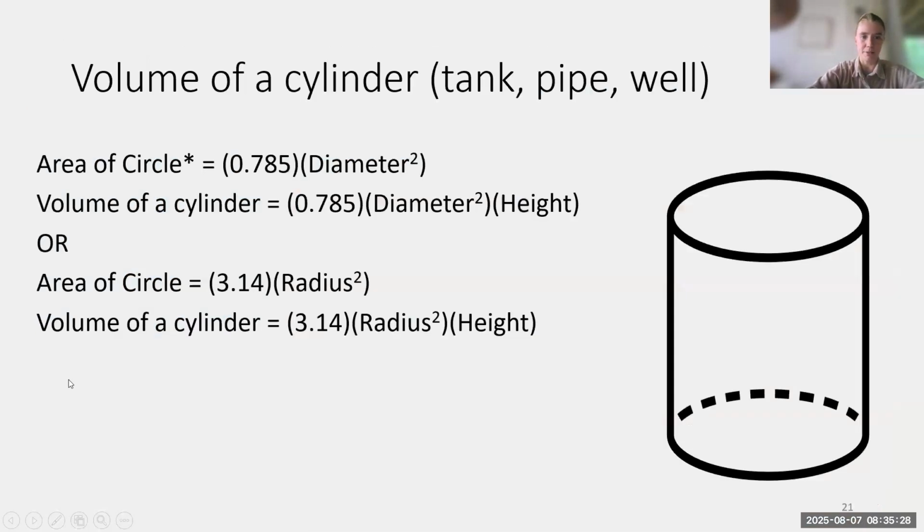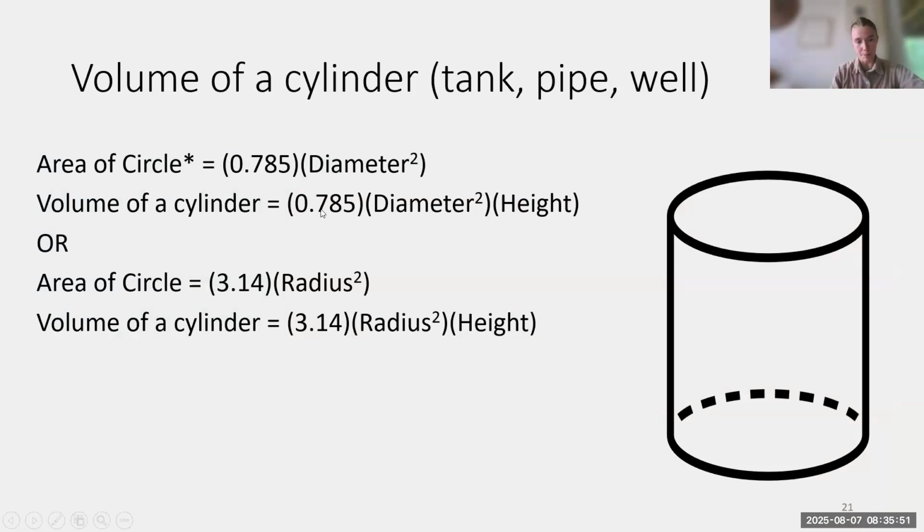Good job, good effort. Okay, so let's look at volume of a cylinder next. A cylinder, you can think of as a bunch of circles all stacked on top of each other. So really we're working first with that. Remember that calculation for a circle, you have two different options.